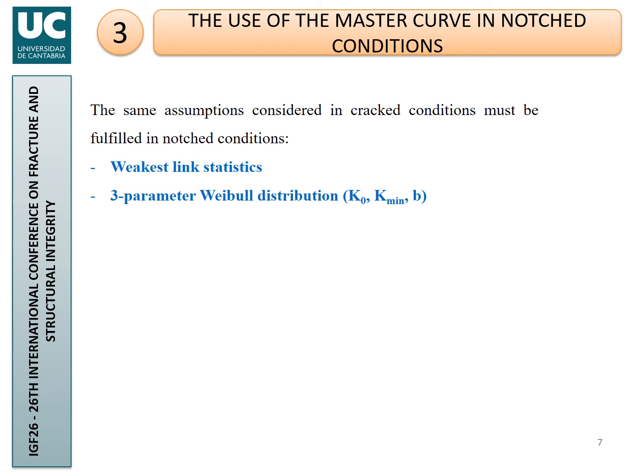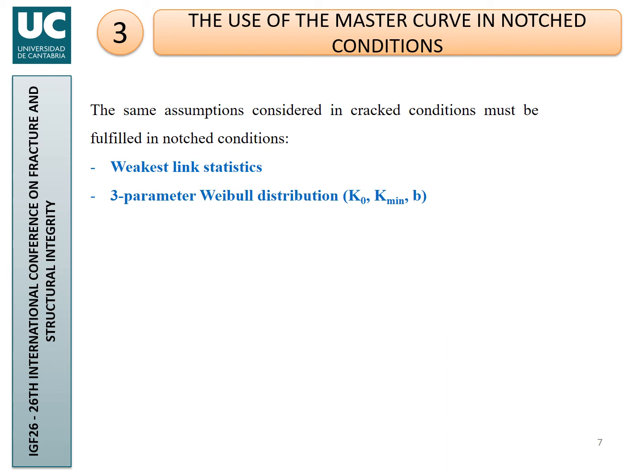In this work, we provide validation on more materials. In this case, we add steel 460 and 690, and we discuss whether or not the hypotheses sustaining the master curve in cracked conditions are valid in notched conditions as well.